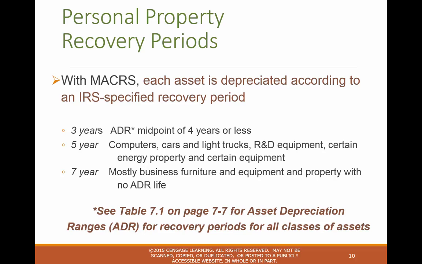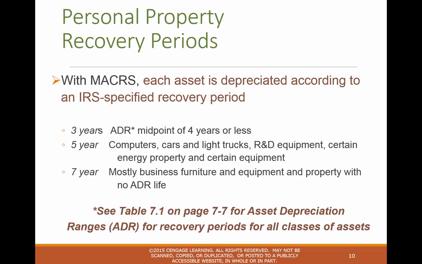With makers, each asset is depreciated according to an IRS specified recovery period. A recovery period is the IRS's fancy way of saying how many years do we write it off over. Probably 90% of my assets that I write off are 3, 5, or 7 years.